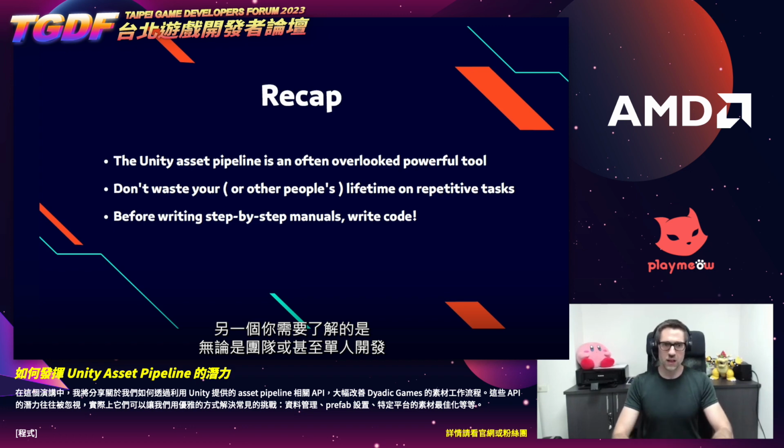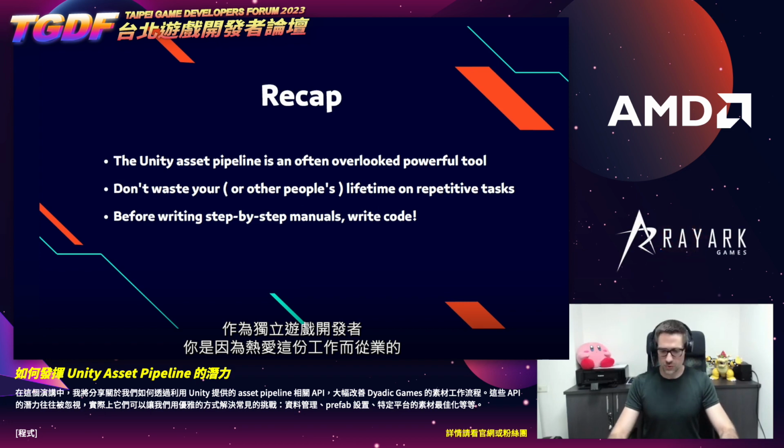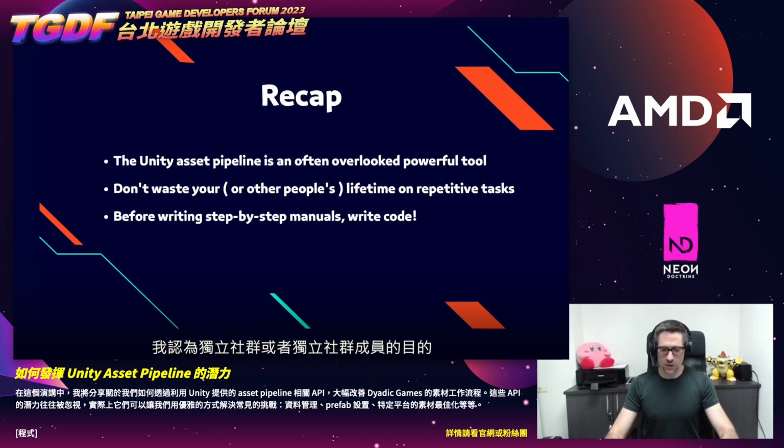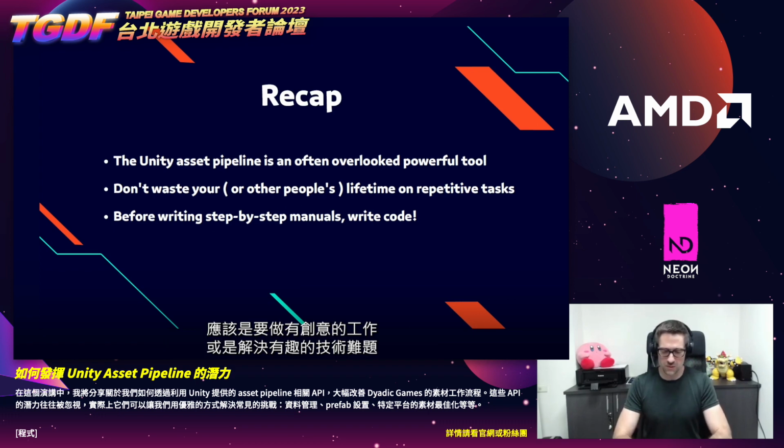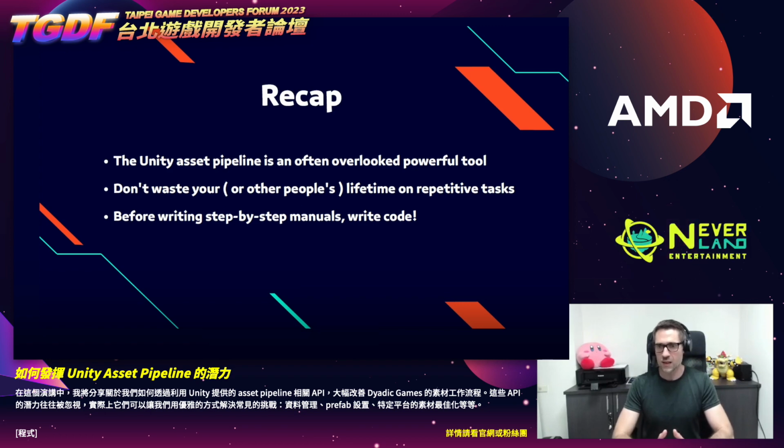And the other thing you need to understand is, if you work with a team, or even if you're a solo developer, as an indie game developer, you do this because you love what you do. And you don't want to annoy anybody with boring tasks. So I think the goal of people from the indie community is to do some creative tasks or solve some interesting technical challenges, but not do repetitive, boring tasks that a computer can do for you.